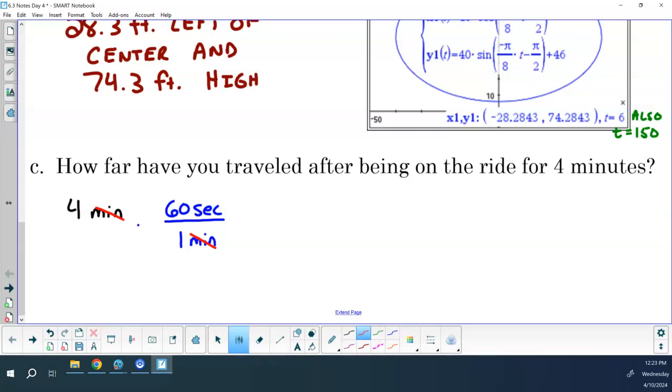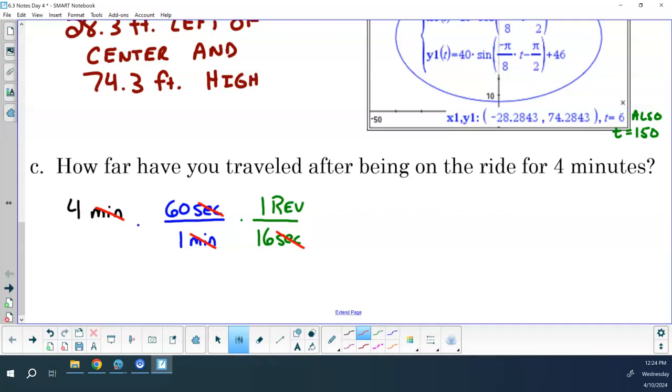How many seconds does it take to go all the way around? 16. So it takes me 16 seconds to make 1 revolution.